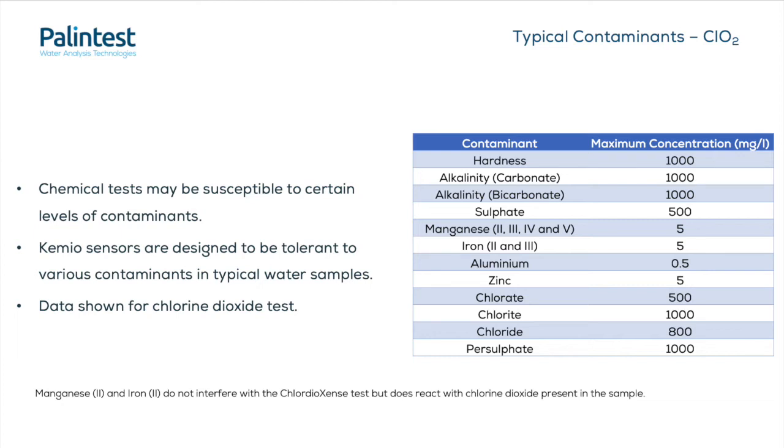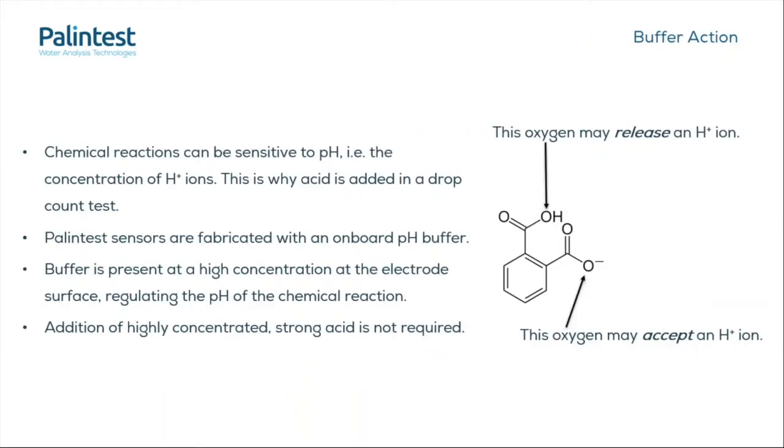Things like hardness or alkalinity, which you'd find in maybe tap water or something similar, it's tolerant up to 1,000 milligrams per litre. So you know that if you've got that sort of level in your water, with this sensor technology, you should be absolutely fine.